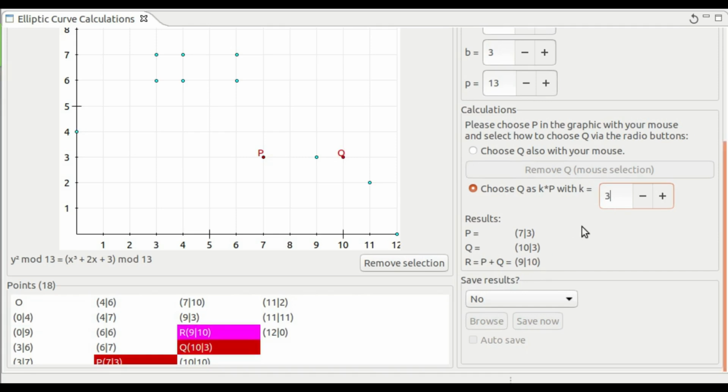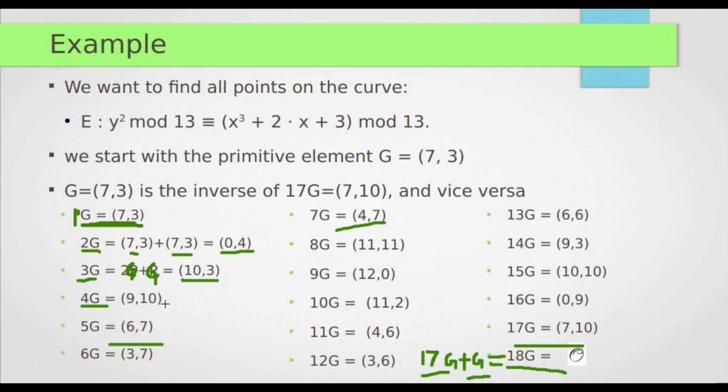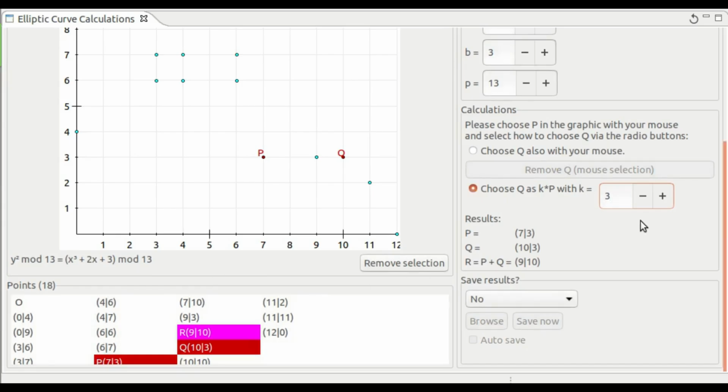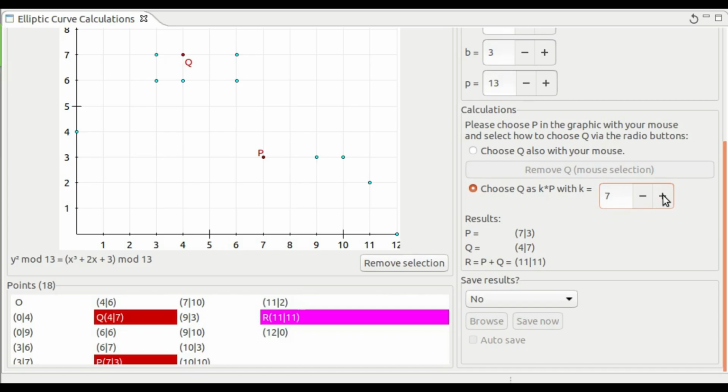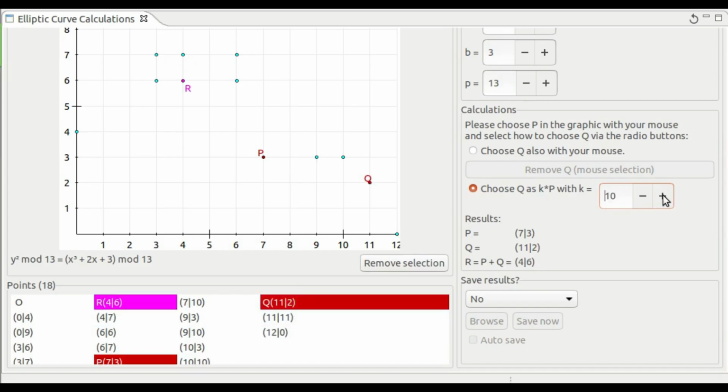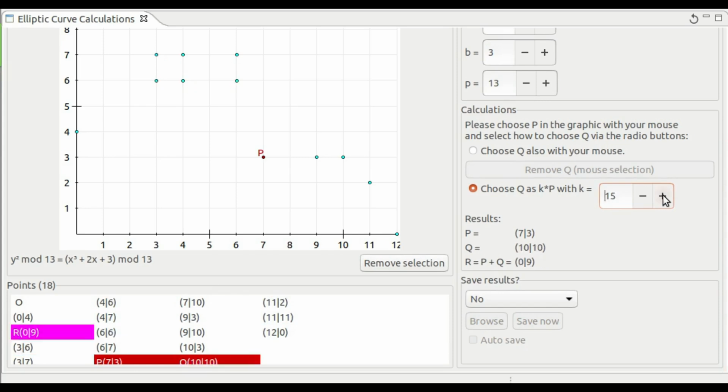I'm adding 10 comma 3 to this 7 comma 3. The result will be 9 comma 10. Like that, if you continue, 5P will be 6 comma 7, 6P will be 3 comma 7. See here, this is the 17P, 7 comma 10.